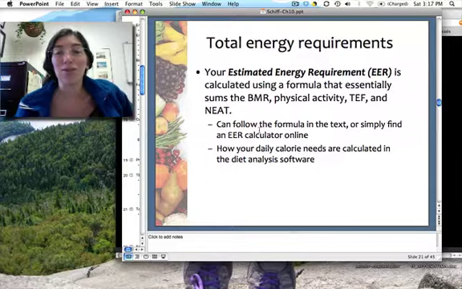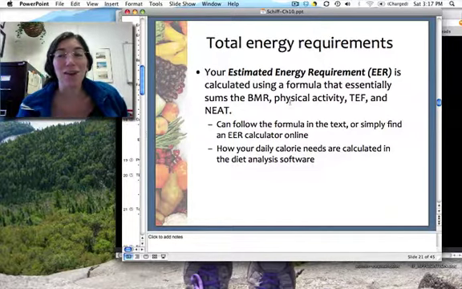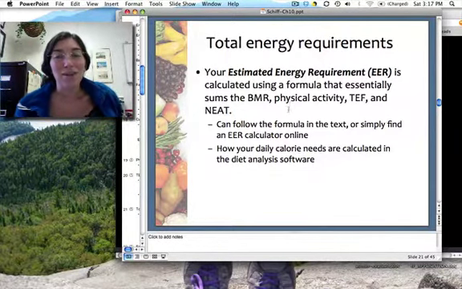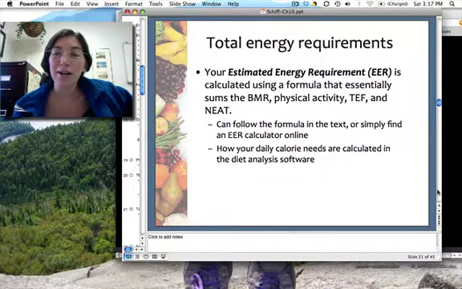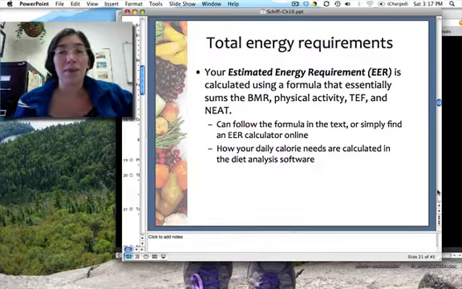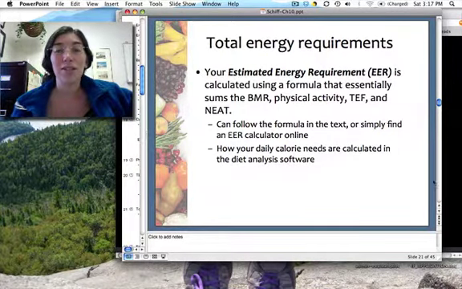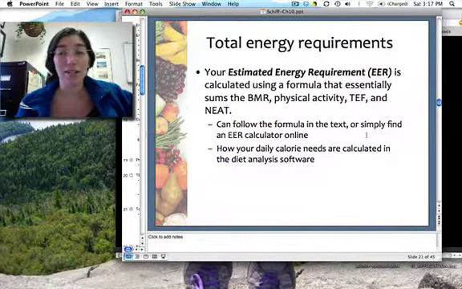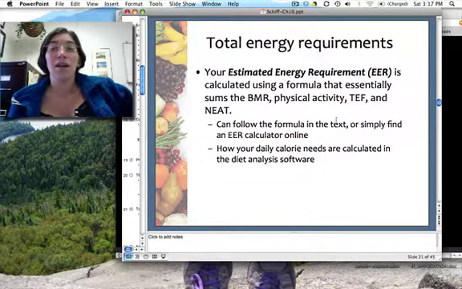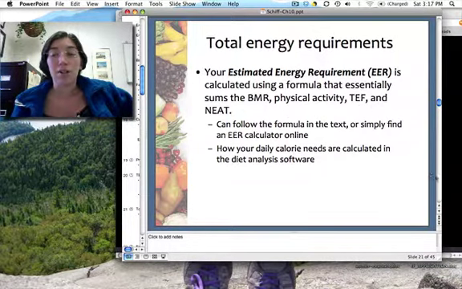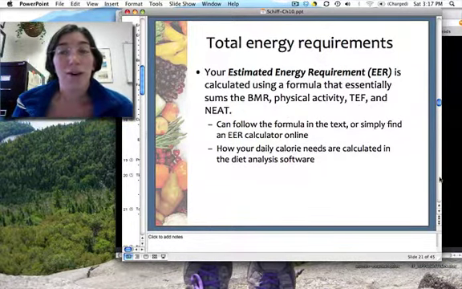You can also just Google EER calculator, and it'll ask you for things like your weight and how physically active you are, and it'll tell you what your daily calorie needs are. So that's where that number comes from. It comes from using your weight and age and amount of physical activity to determine what your BMR is, and therefore determine what your estimated energy requirements are.